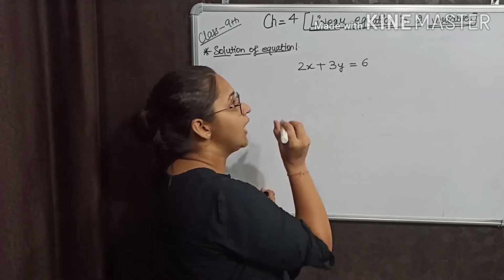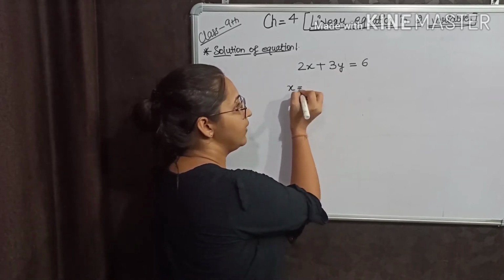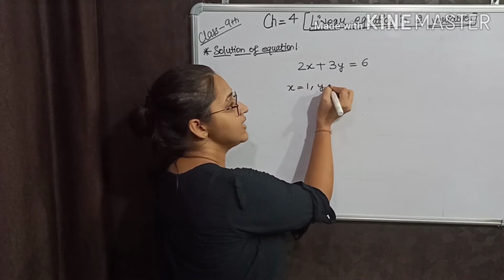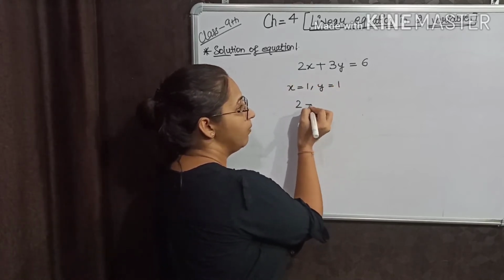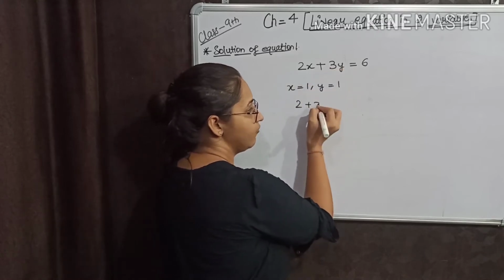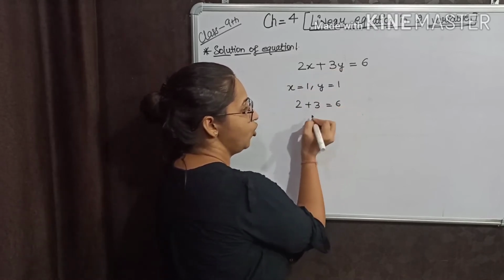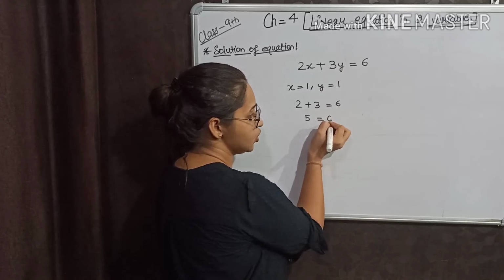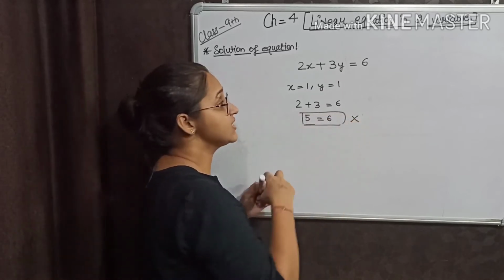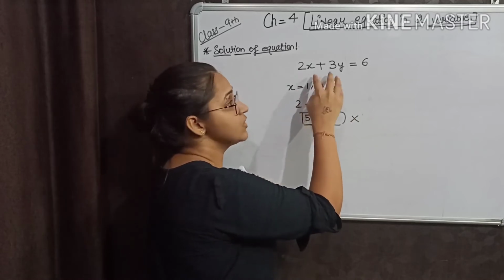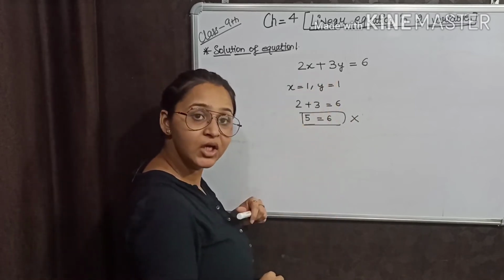If I am putting x is equal to 1 and y is equal to 1, 2 multiply 1 will give you 2, plus 3 multiply 1 will give you 3, is equal to 6. 2 plus 3 is 5. 5 is equal to 6. It is wrong. It means x is equal to 1 and y is equal to 1 is not satisfying the given equation.